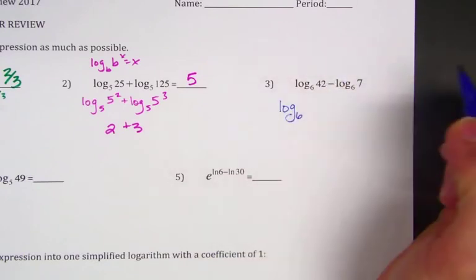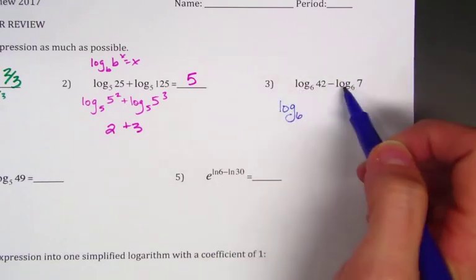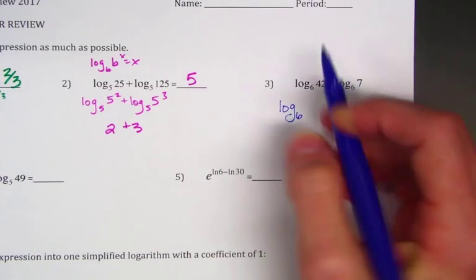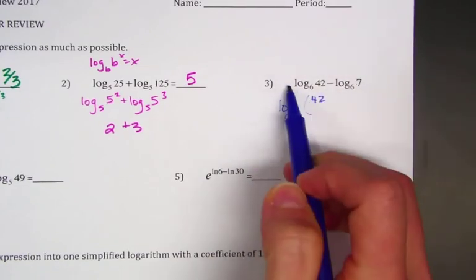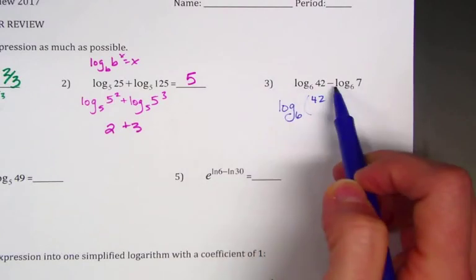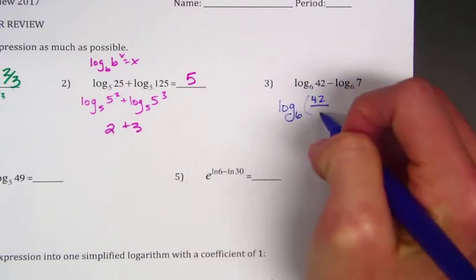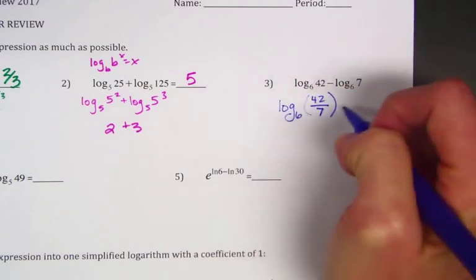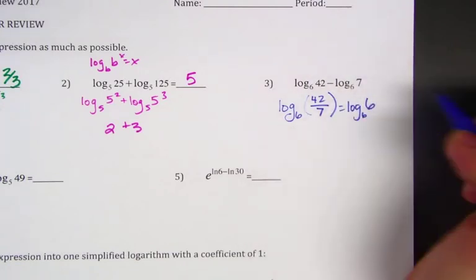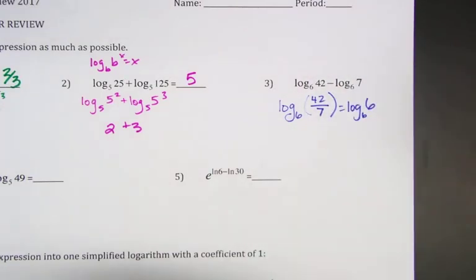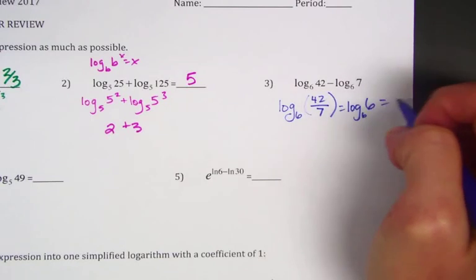So I have log base 6. I'm going to write one log, but instead of subtracting, I'm going to do the quotient. So 42 goes on top because it's positive coefficient. This has a negative coefficient, so the 7 goes on the bottom. And then we get log base 6 of 6, and then that equals just 1.